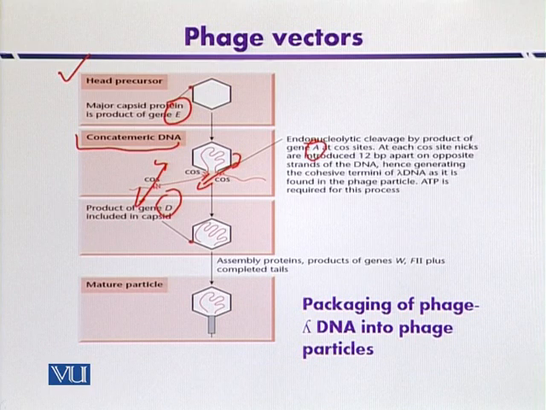And finally, some assembly proteins that include the products of gene W or F2 plus the tail components will ultimately result in the production of mature phage particles. So in this way we can get the phage particles that contain our recombinant DNA molecule.